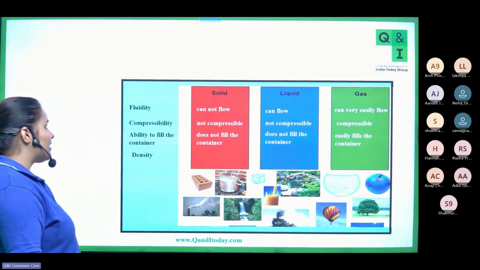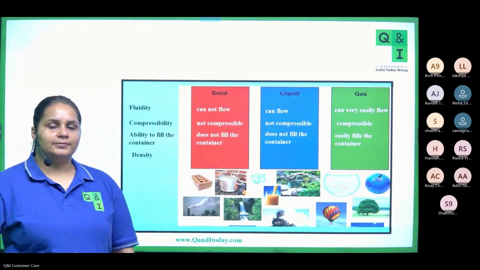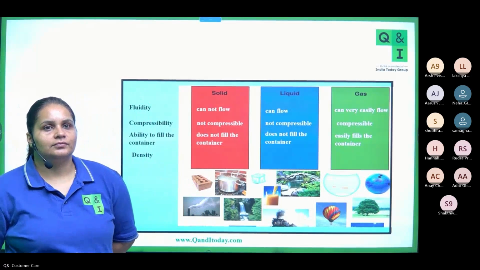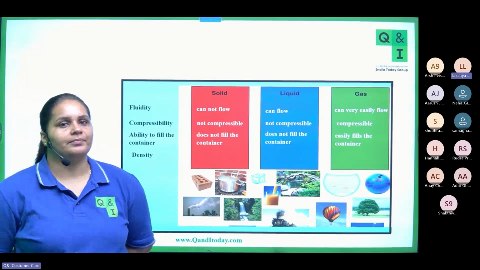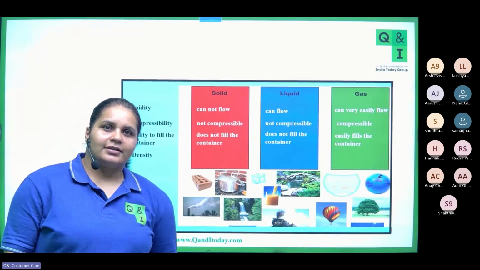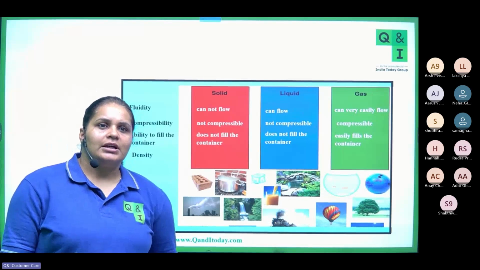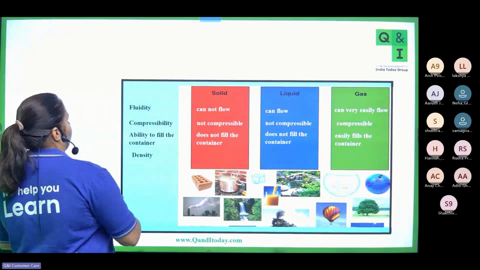So density, what about solid, liquid, and gas? What do you say about density of them? Yes, you have to compare. Yes, Anay. Density means mass per unit volume, right?